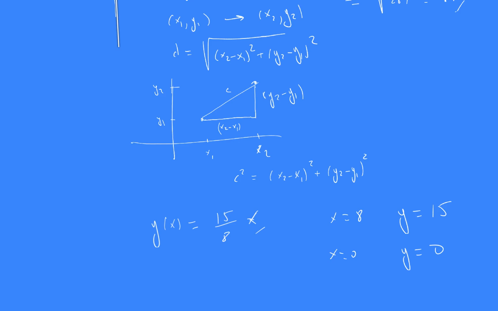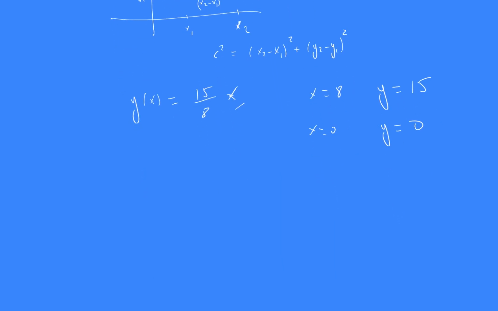Okay, so now let's use our formula for the arc length. The arc length is the integral from x equals 0 to x equals 8 of the square root of 1 plus the derivative of f with respect to x squared. The derivative of the function with respect to x is 15 divided by 8, squared, dx.